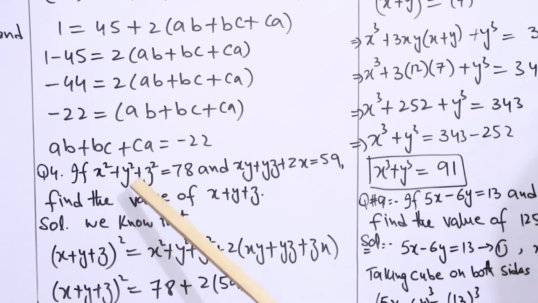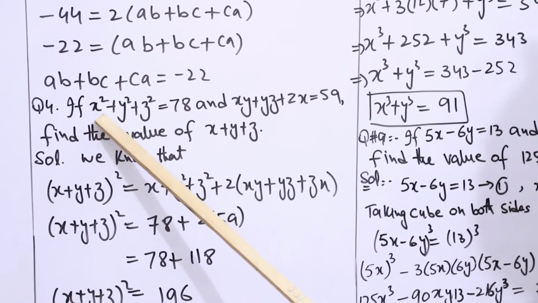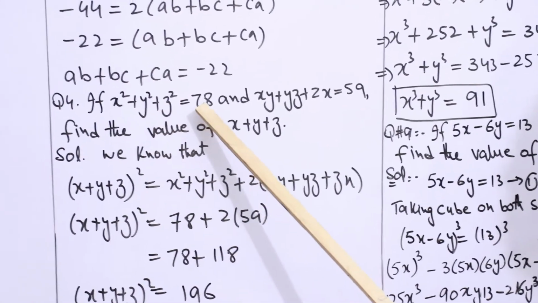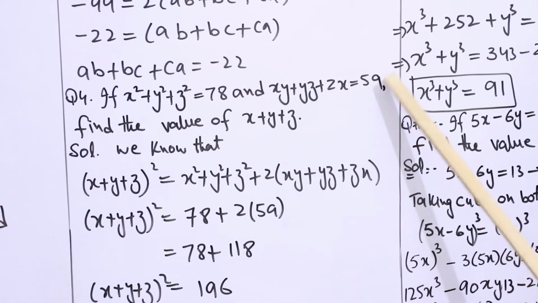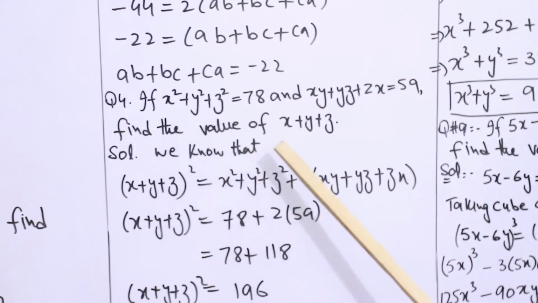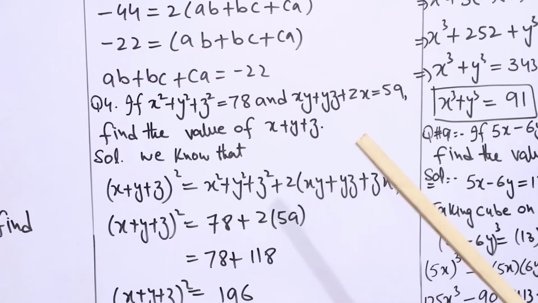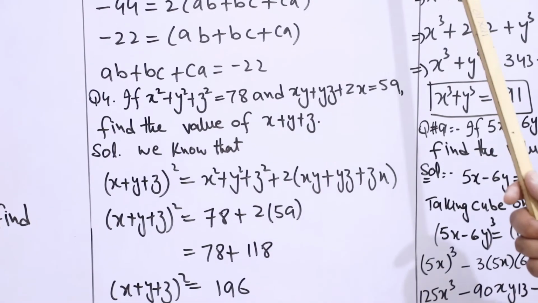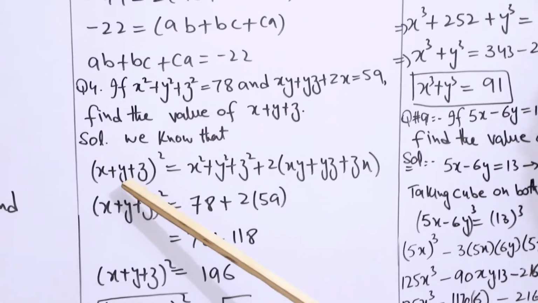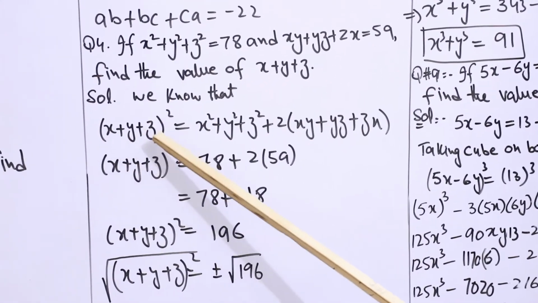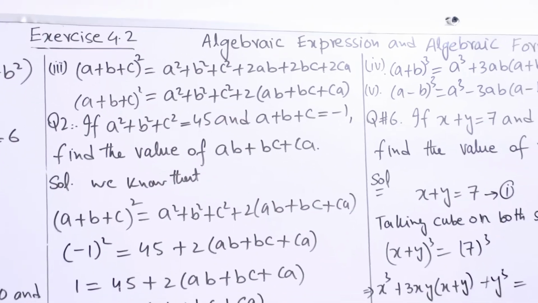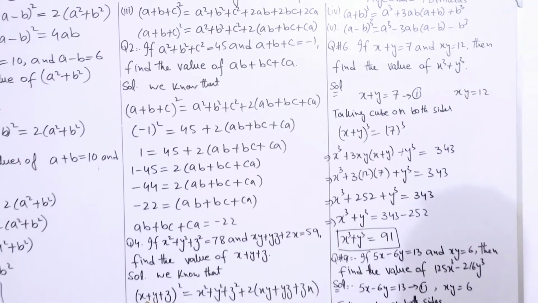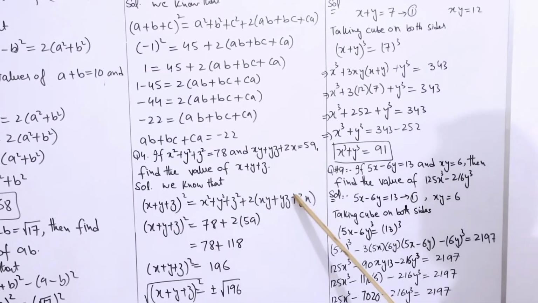Now we have question 4: if x² + y² + z² is equal to 78 and xy + yz + zx is equal to 59, find the value of x + y + z. Again using this formula, here a is equal to x, b is equal to y, and c is equal to z. So in a similar pattern we can write this.